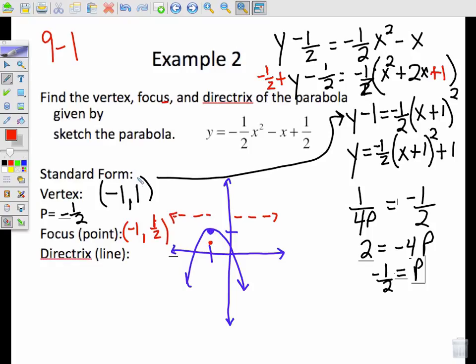So I'm adding 1/2 to this right here. So your directrix would be the equation y equals 1 plus 1/2 or 3/2. 1 1/2 is 3/2. And there you have it. There's your graph and all the information that we need to be able to identify.